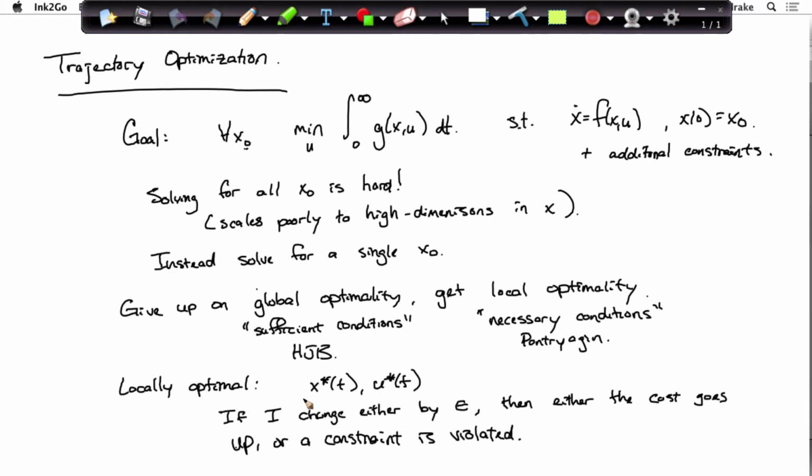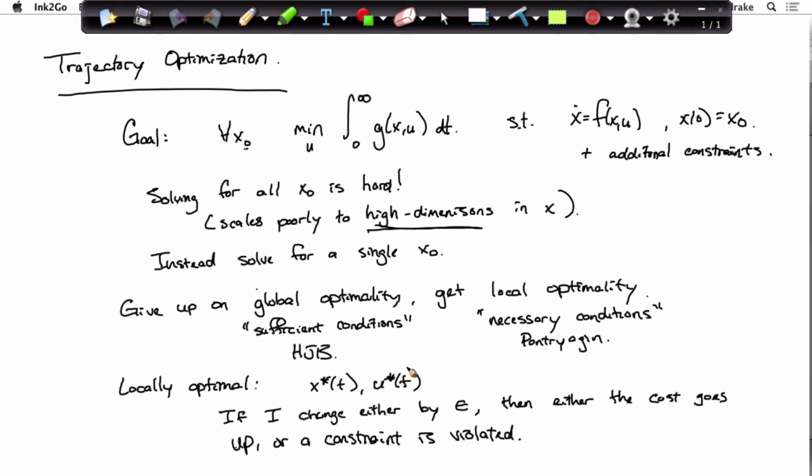The trick is this necessary condition for optimality can be checked in high dimensions, and what's more, we can actually find locally optimal solutions in high dimensions. So we're going to get algorithms today that scale well to high-dimensional, complicated robot problems. The reason it can break the curse of dimensionality is that I can write down x and u parameterized not in the dimension of the system, but only by time.